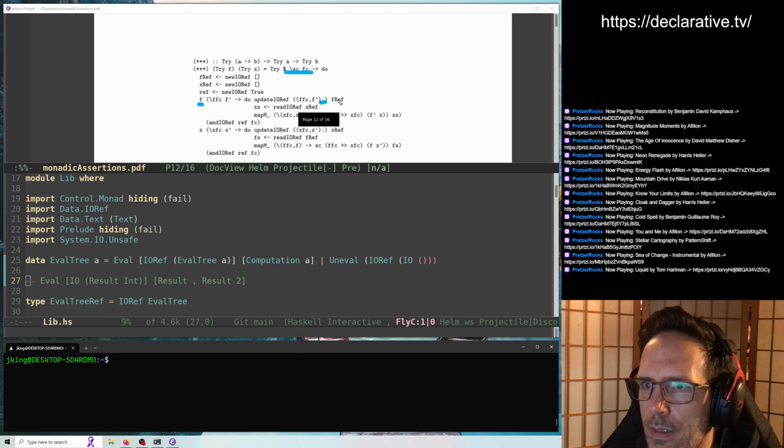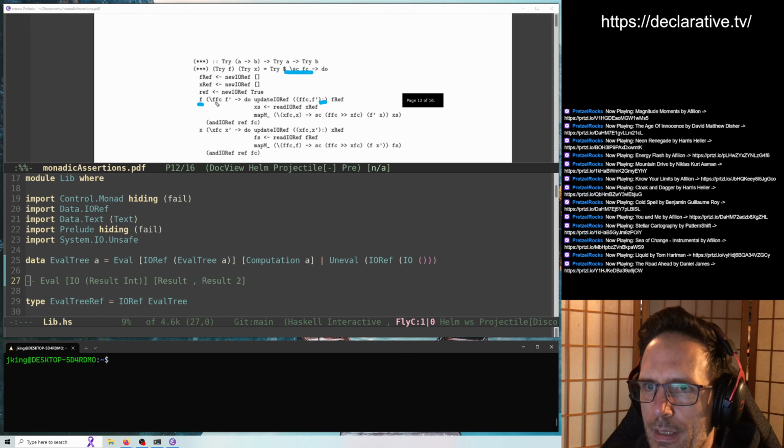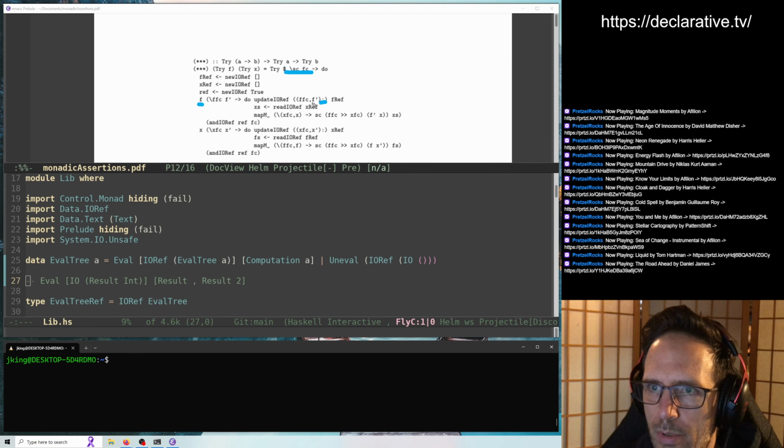Which one? fref. And we're going to pass in this constructed list of tuples: ffc and f prime. So the success continuation of this branch, whatever that value is, and f prime, the failure continuation for that branch.